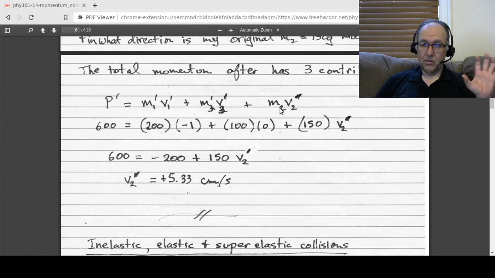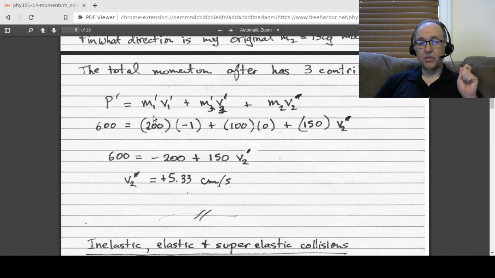M2 didn't break apart, so that's still the 150, multiplied by V2 primed. So P primed, the momentum after the collision, is the same as the momentum before. That's still 600. Notice that didn't change all the way through the problem. No matter what my after situation is, I had 3 possible after situations, but it doesn't matter which one it is, it's still 600 because 600 was the initial momentum.